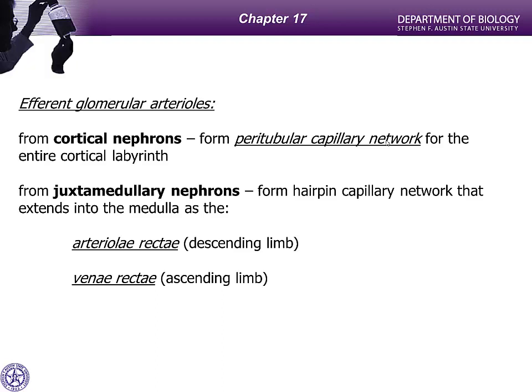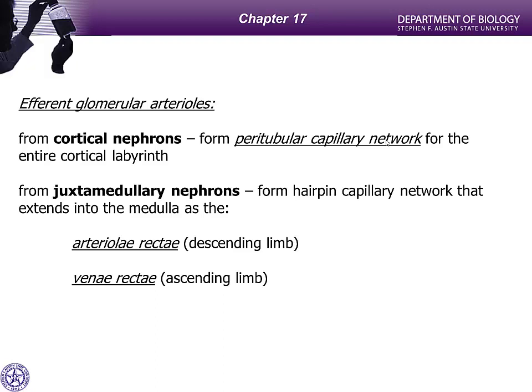The peritubular capillary network goes all over all of the tubules of the nephron. It's simply that when we look at the juxtamedullary nephrons, and especially the loop of Henle that's diving down into the medullary portion, we have different terms that we use for that portion of the peritubular capillary network.